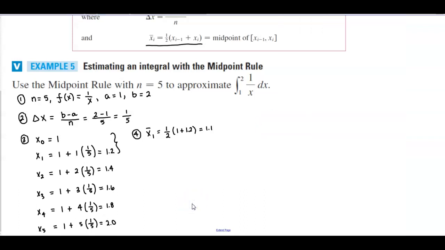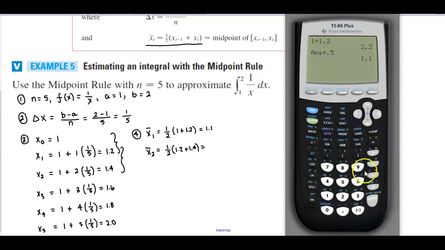Okay, and then we want to find the second midpoint, which is going to equal 1/2 times, now the next interval, which is between x1 and x2. So we take 1.2 plus 1.4. Again, let's just verify that.